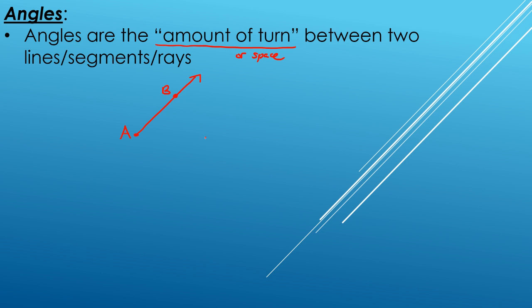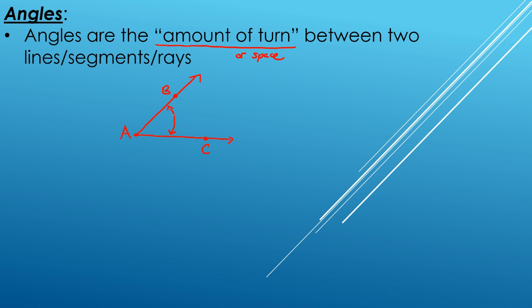And let's say we have another point C, and we connect A to C and make a ray out of it. So we have ray AB and ray AC. In between this space here, this amount of turn is the angle, okay? So when we talk about angles, we're talking about how wide this space is or how narrow the space is.